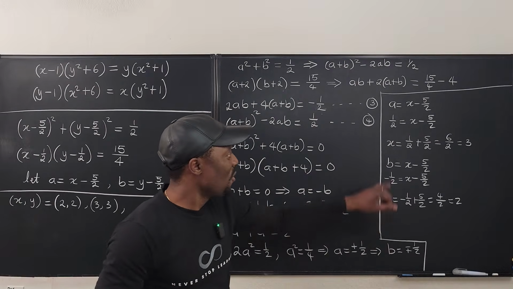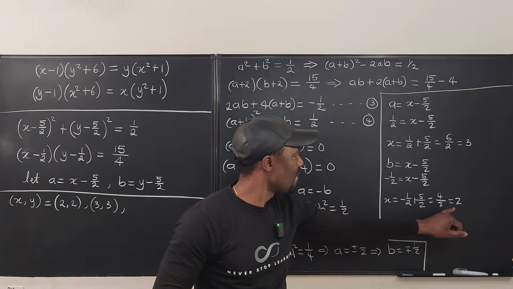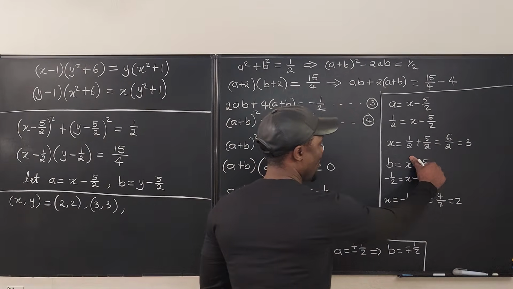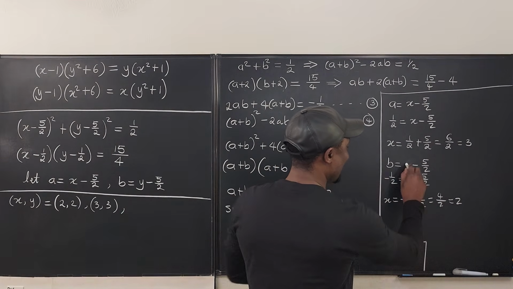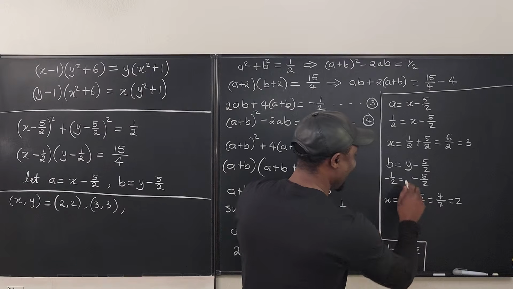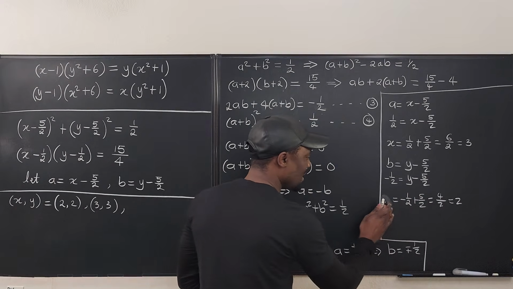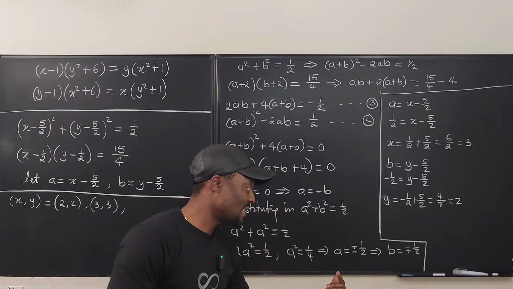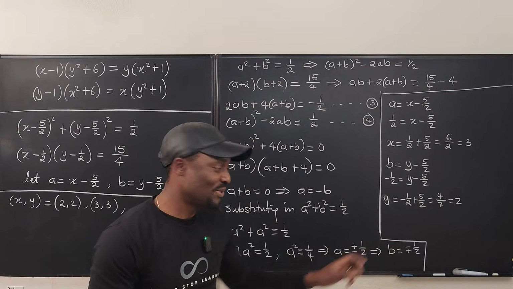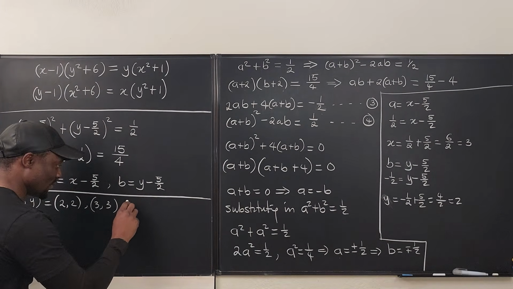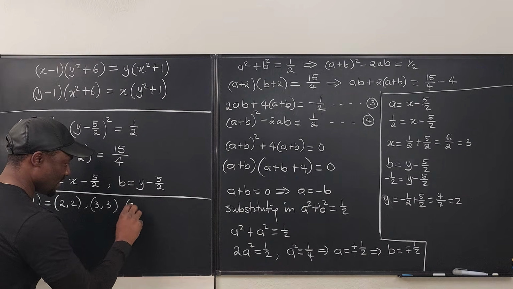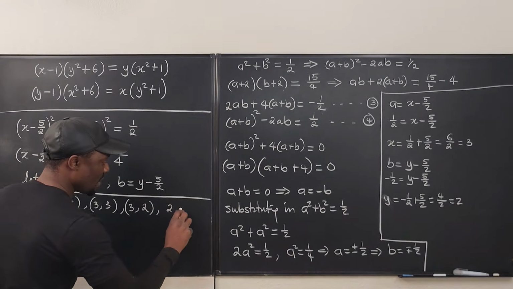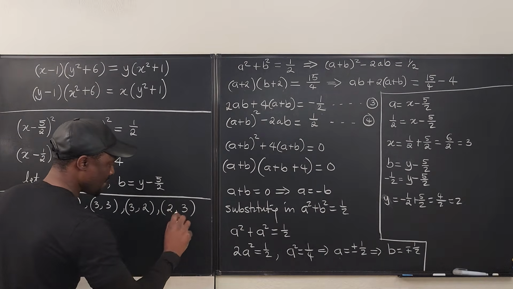So that means when x equals 3, hey, y, come on, y, wrong assumption. This is y. Okay, this is y. So when x equals 3, y equals 2. Or if you switch it, when x equals 2, y equals 3. Those are sets of solutions also. When x equals 3, y equals 2. And when x equals 2, y equals 3.